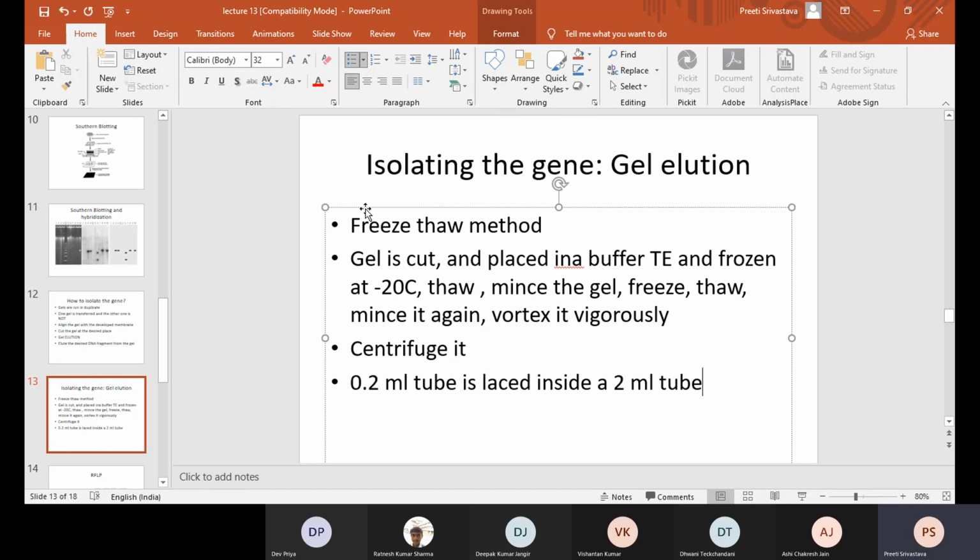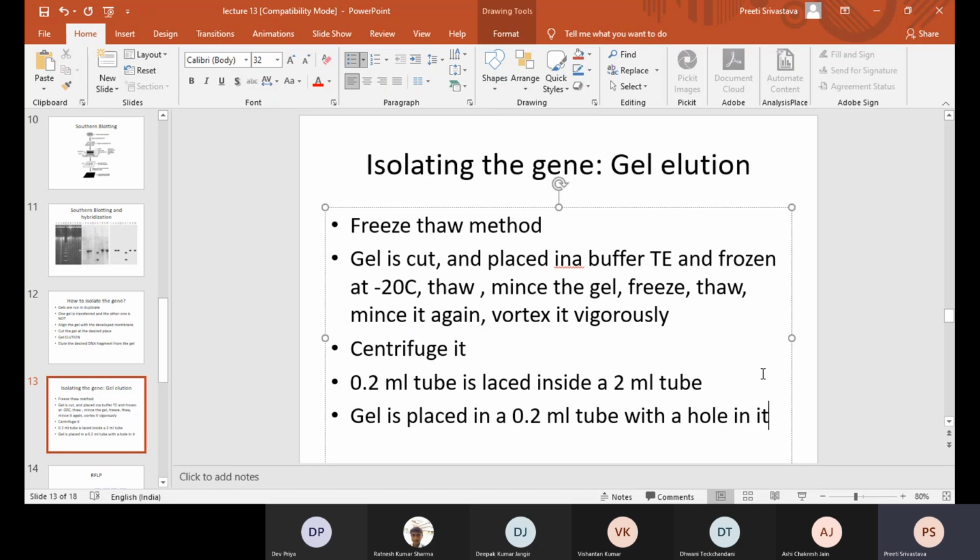And the gel is placed in this 0.2 ml tube.